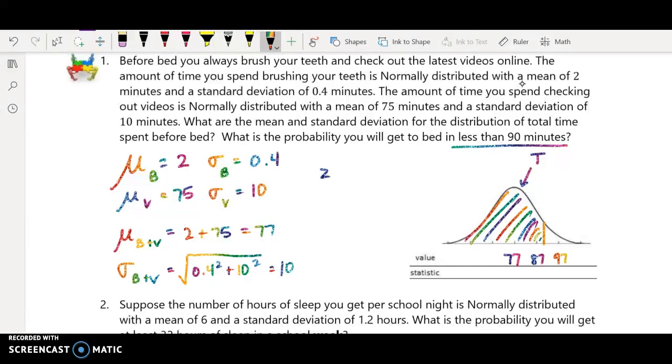That's 13 divided by 10, 1.3. So that means this 90 minutes is 1.3 standard deviations above, because remember z-score is number of standard deviations, and I want to find the area to the left.